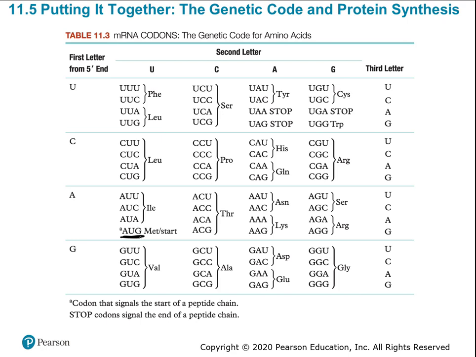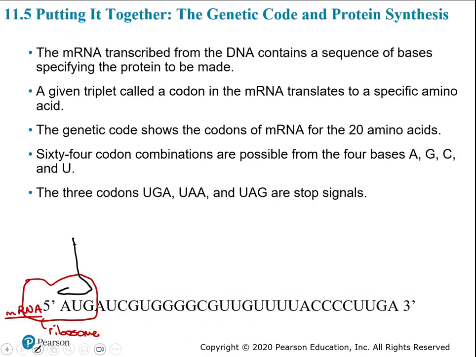All mRNA strands, at the beginning of the gene, end up having an AUG. So if we go back, that means this amino acid is going to be a methionine. This is the amino acid that corresponds to the AUG sequence.